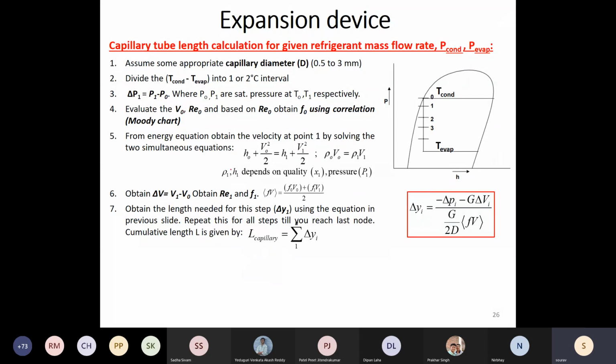So if I use the energy equation, this is my energy equation, and this is my mass being constant. If I use these two equations, I will be able to get the quality.